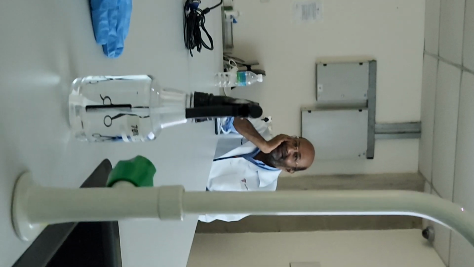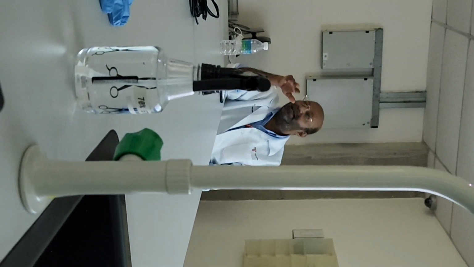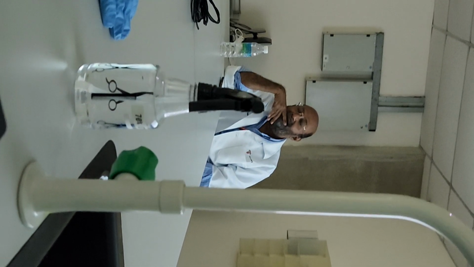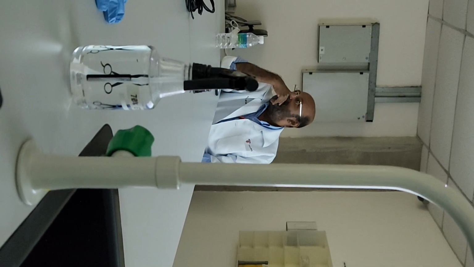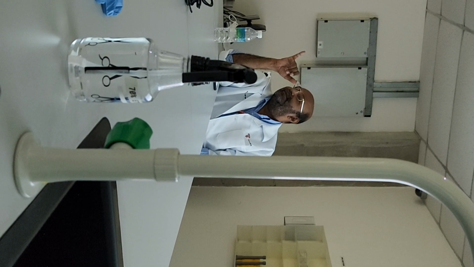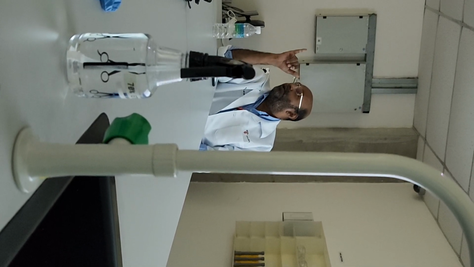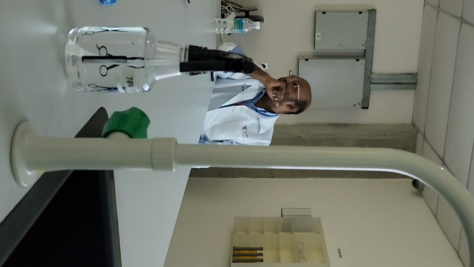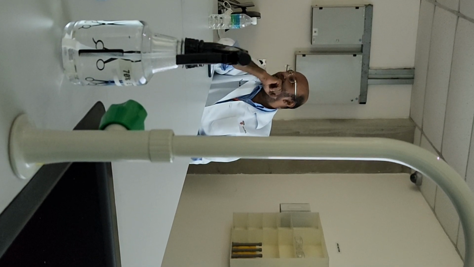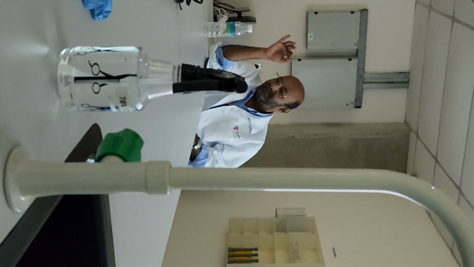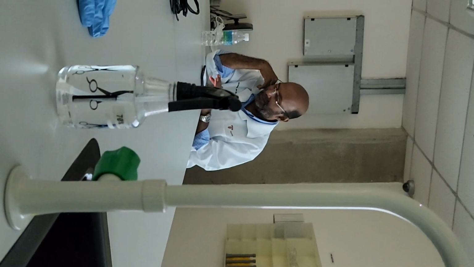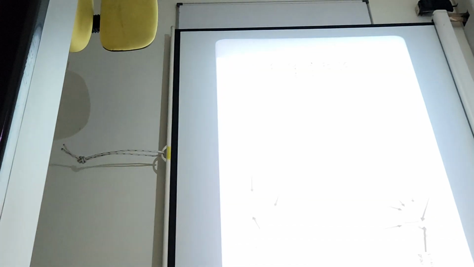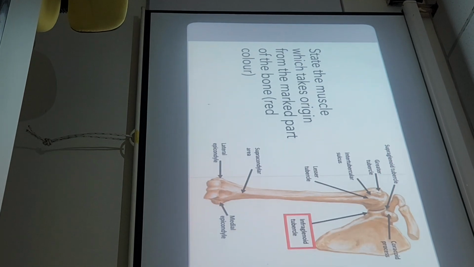The pectoralis minor. Guys, we will finish this and I'll let you see the structures. Pectoralis minor, coracobrachialis, short head of biceps. That's origin.